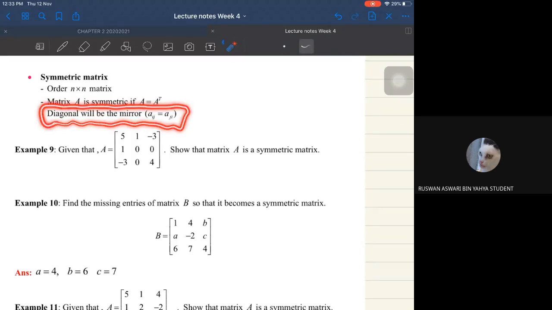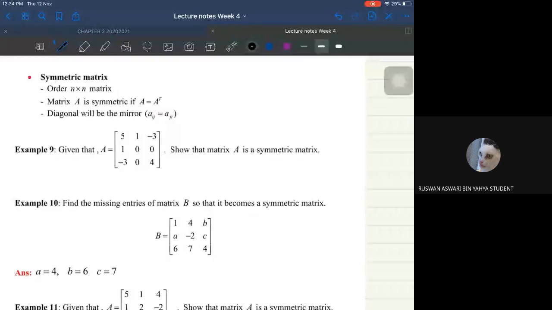Sebab kalau ikut betul-betul macam mana you nak buktikan symmetric matrix, adakah matrix itu symmetric ataupun tak, you kena provekan A is equal to A transpose. Okay. Contoh soalan ni. Given that A is equal to this matrix, show that A is a symmetric matrix. Okay, bila you kata show that A is symmetric matrix, maksudnya you kena buktikan A is equal to A transpose.